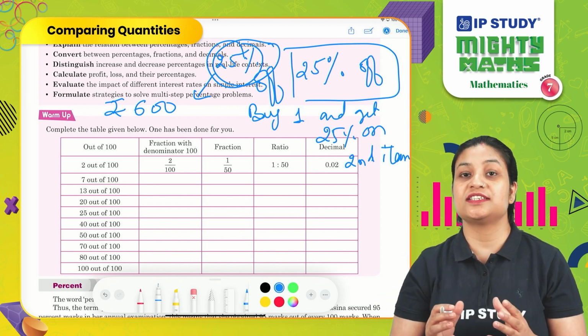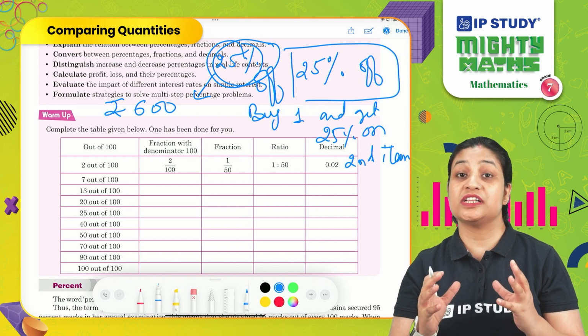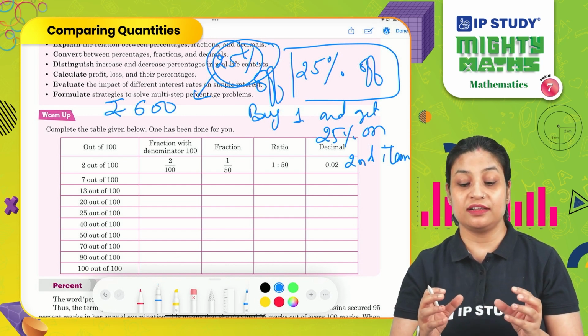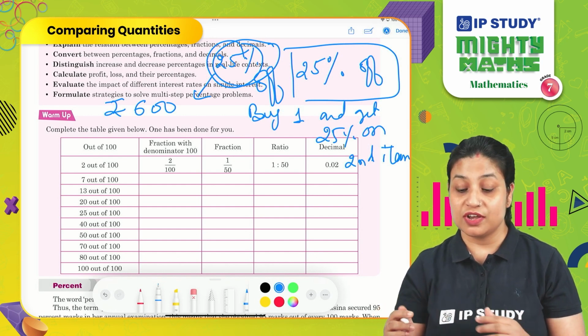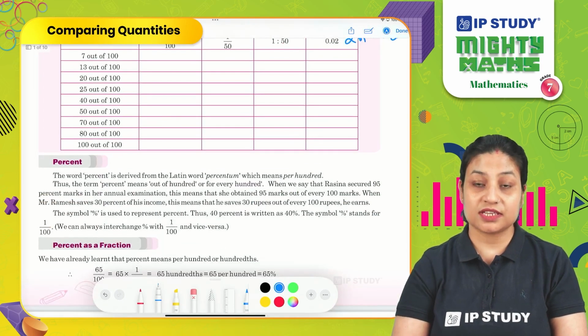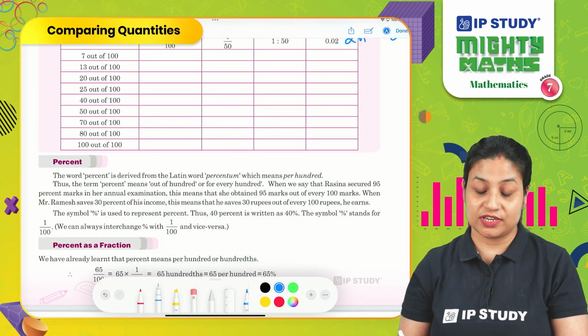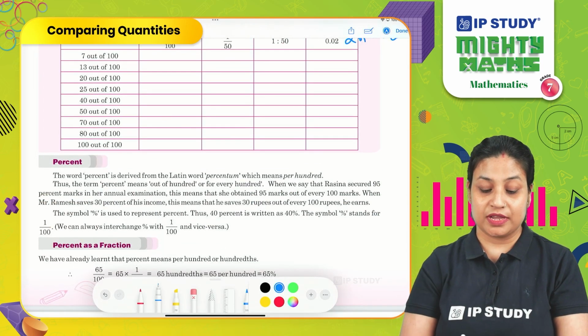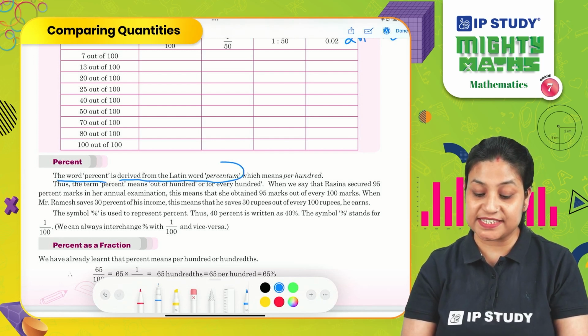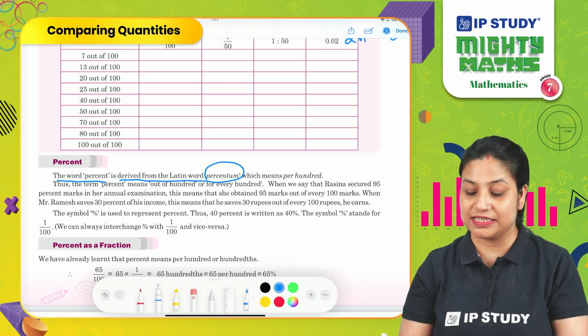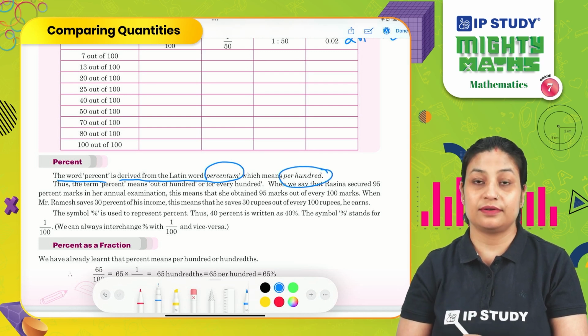So this is the scenario where we will understand this topic, and the topic name is percentage. So dear student, what is the meaning of percentage? Let's understand that thing first. The word percent is derived from the Latin word percentum, which means per 100, right?